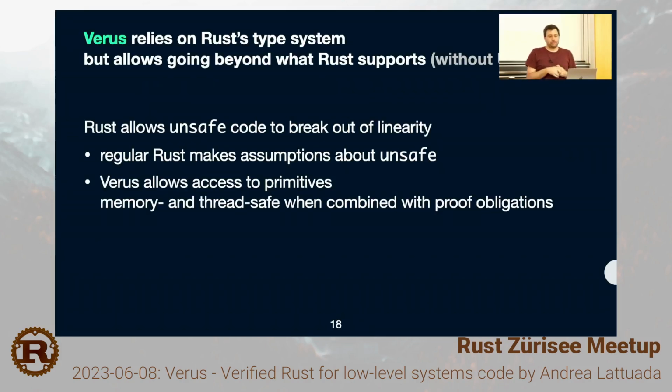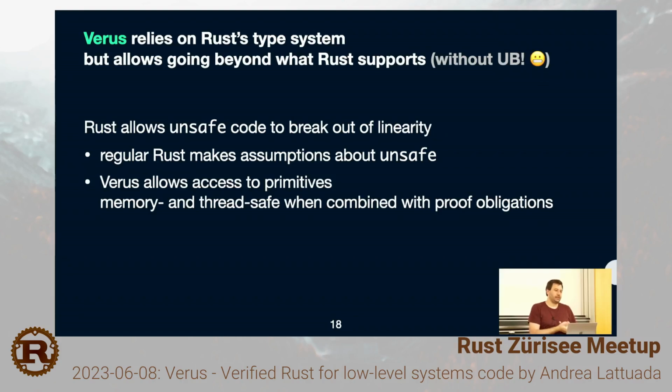OK, so as mentioned, the Rust type system is something Verus relies on for its correctness. We do rely on the fact that Verus guarantees that for runtime values, there will not be aliased mutable pointers, multiple references. But Verus also allows us to go beyond what Rust supports, hopefully without any UB and any unsafe in the regular Rust sense.